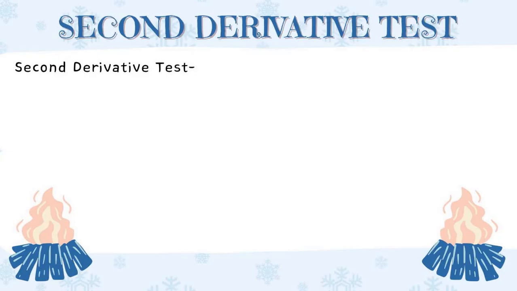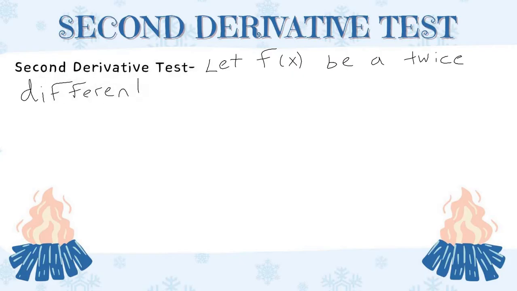So we're going to start with, let f of x be a twice differentiable function. What's that mean? You can take the derivative twice. Cool. What's it also mean about my function?